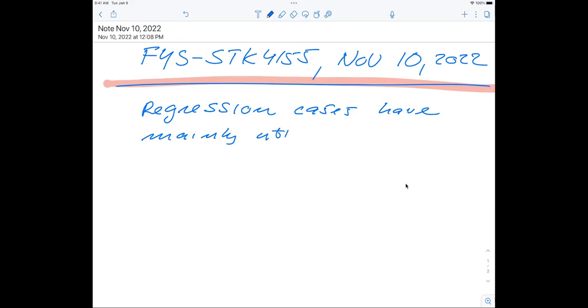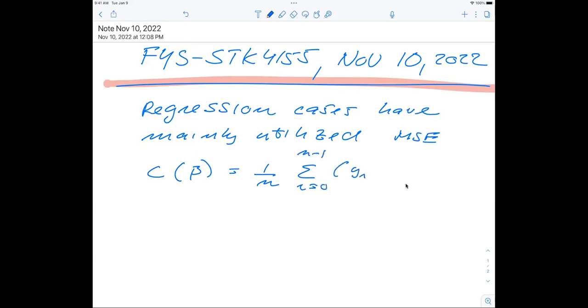When I say regression cases, these are the regression cases we have looked at during the semester. That means that we have a cost function which runs like 1 over n, sum over i from 0 to n minus 1, of y of i minus y of i tilde, squared.